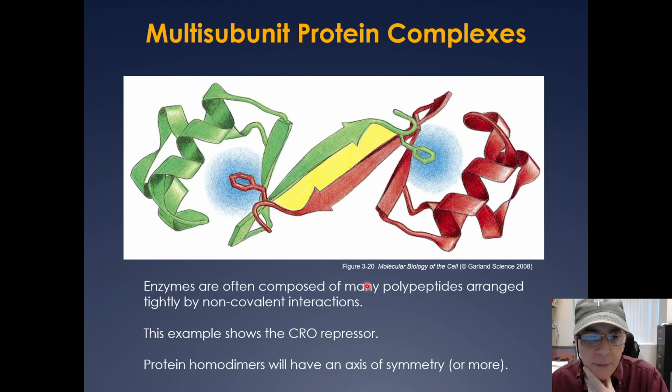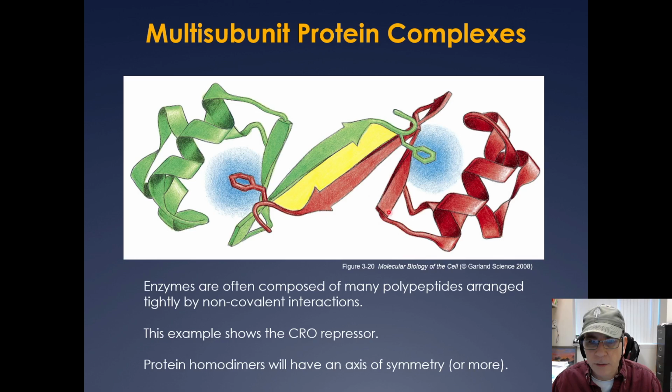Okay, when we get into quaternary structures, you can see that many enzymes are composed of multiple polypeptides, and these are arranged tightly by non-covalent interactions. In this example, it's just a dimer. It's the Cro repressor from bacteria, and you can see that it's an identical dimer attached together through non-covalent interactions.